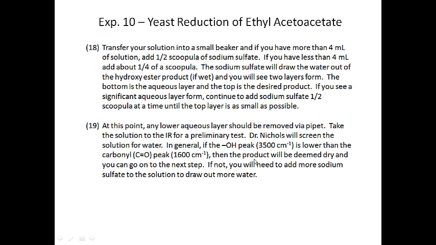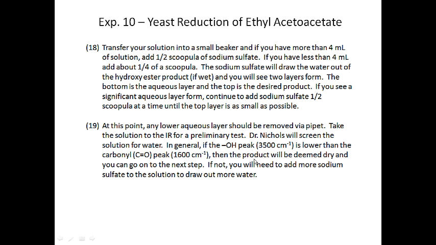Now you might have said, hey, don't we dry before we rotary evaporate? Yes, we normally do, but this is a case where we're not going to, because drying this product is incredibly difficult. And so what we did was we tried to remove as much of the aqueous layer as we can, and then we go ahead and rotary evaporate.